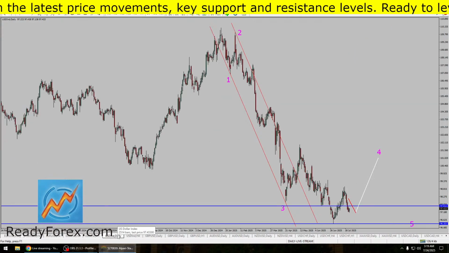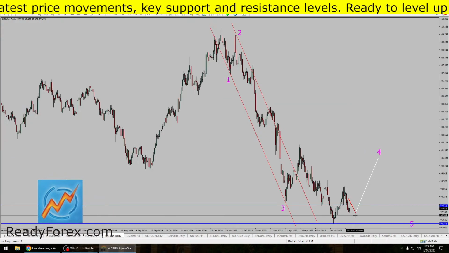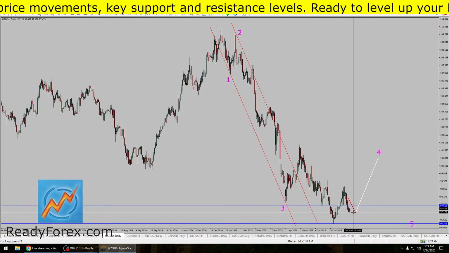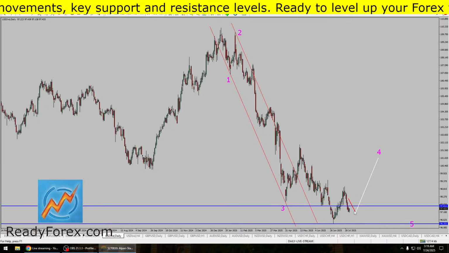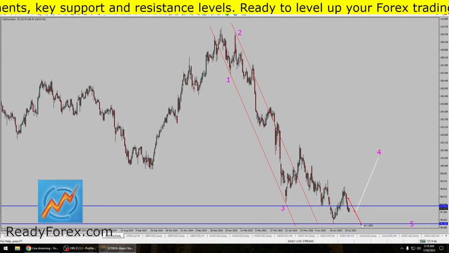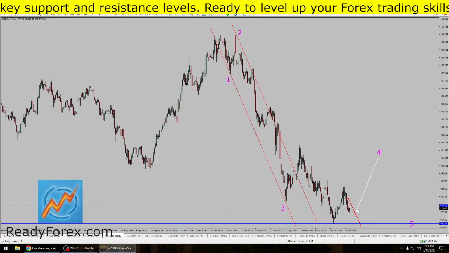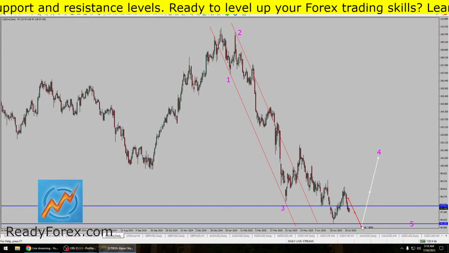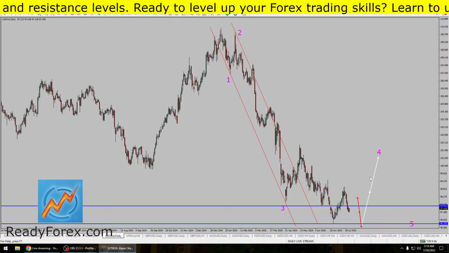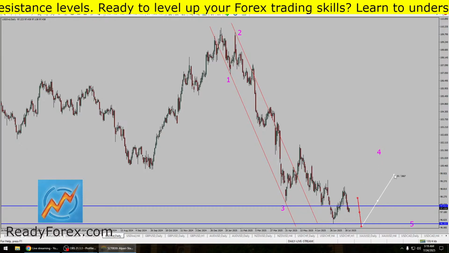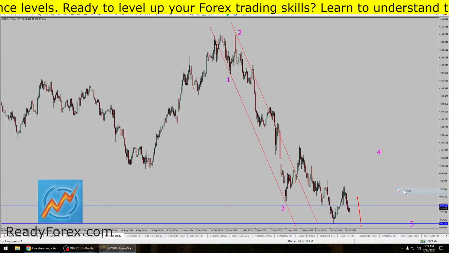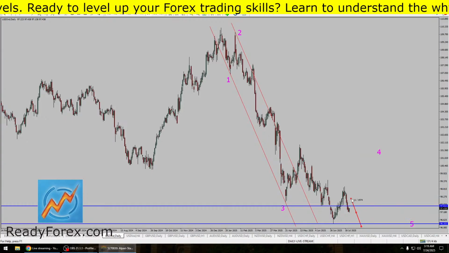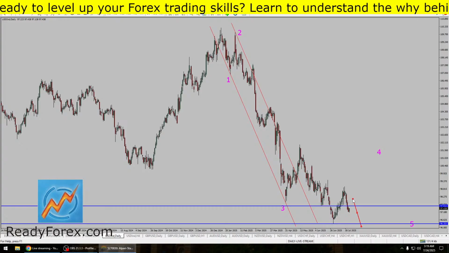If you check out the US dollar index, we got this decline, but this decline looks impulsive in nature, so it's quite possible that price action is going to break this low over here. Then we basically get the ending diagonal scenario.